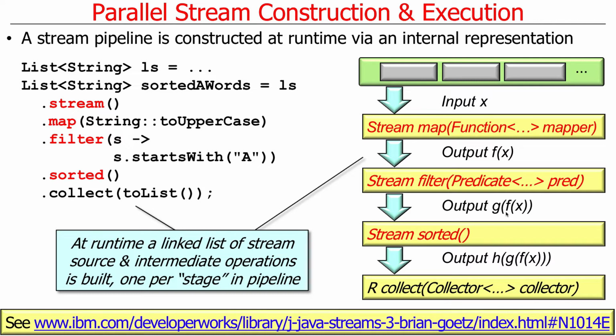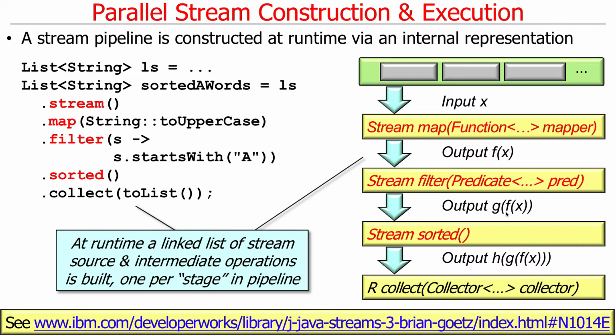Instead, what these intermediate operations do is create a linked list at runtime that contains the stream source, like an input list, and the intermediate operations.